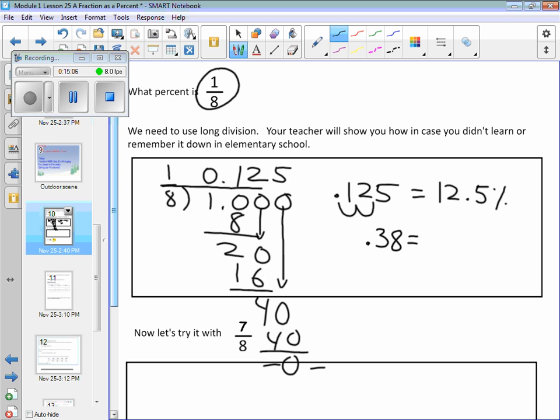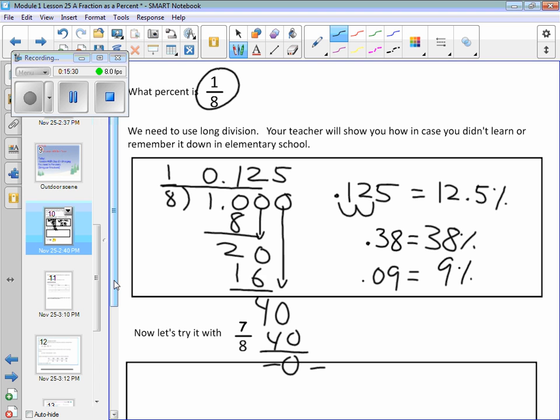Jen, 38%. Come up and get a ticket. Yes. Just rip off. Ready? Gonna get a little harder. 0.09. Karen. 9 what? Come get a ticket. Yep. Gonna get harder.